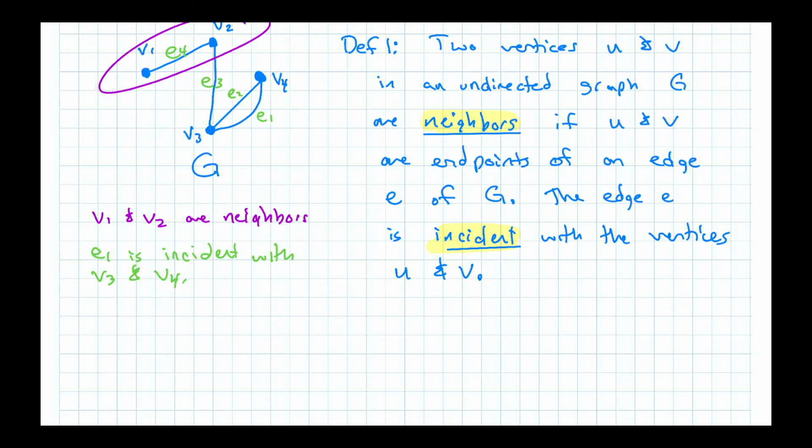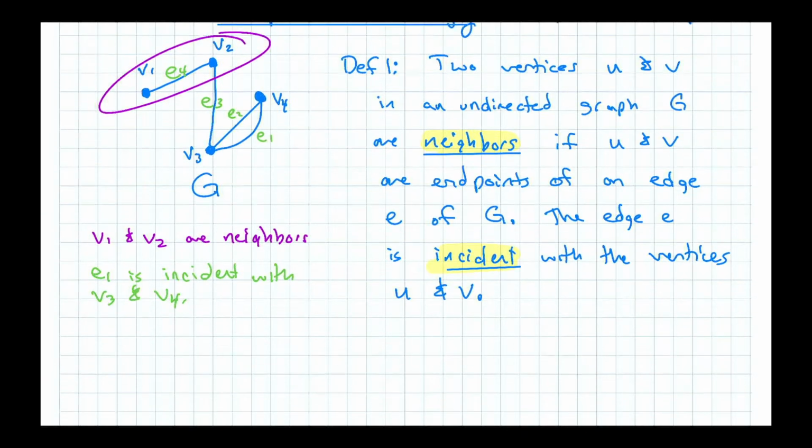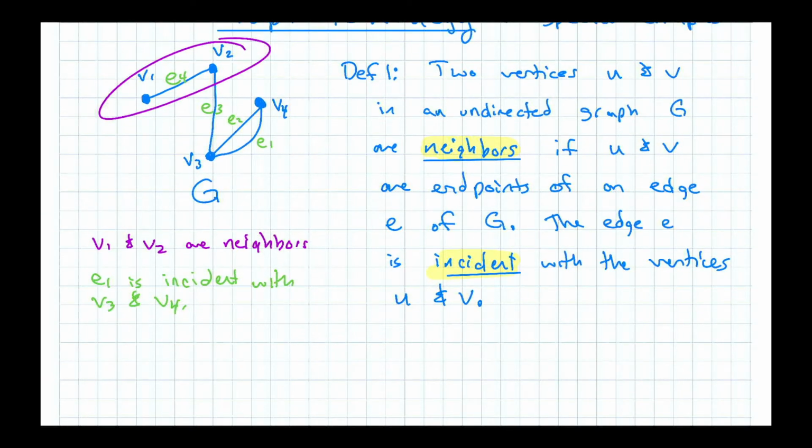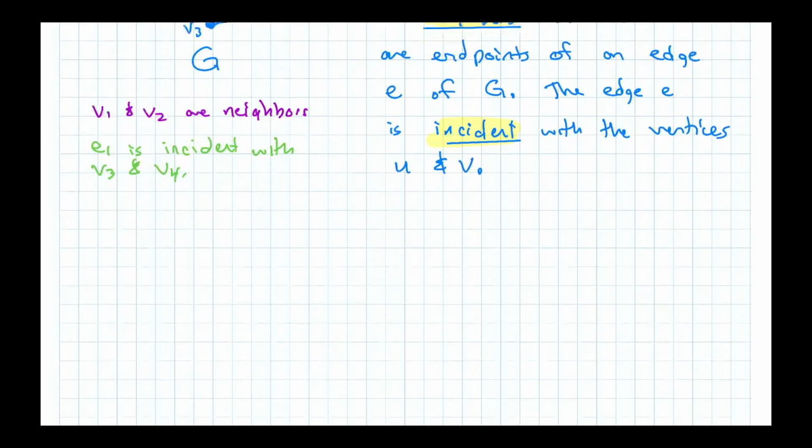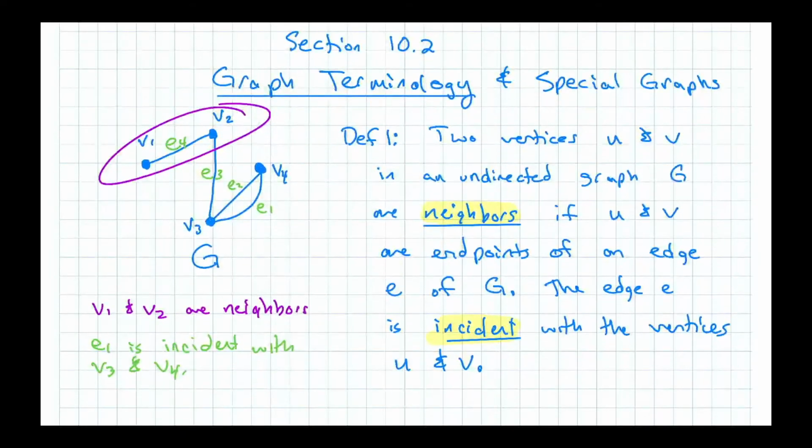These aren't super complicated definitions, but that's the language you use to refer to these graphs. There's a precise way to say that an edge is connecting two particular vertices, and two vertices are connected by a single edge. That's neighbors.